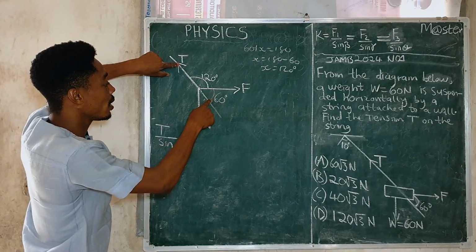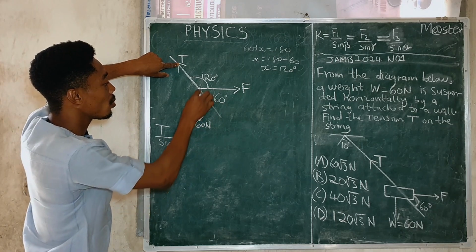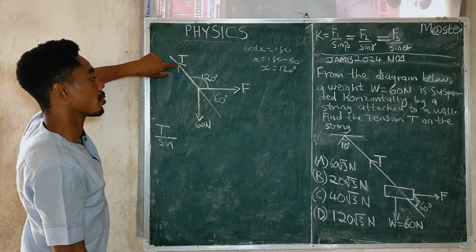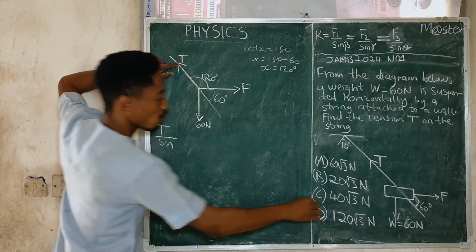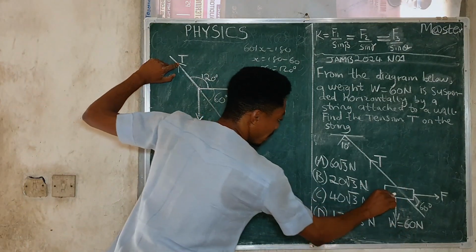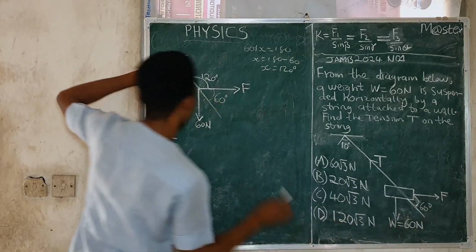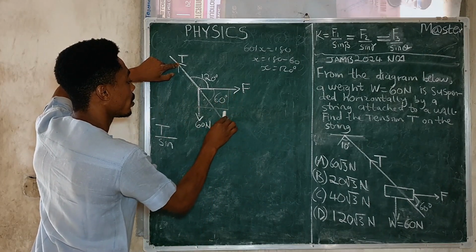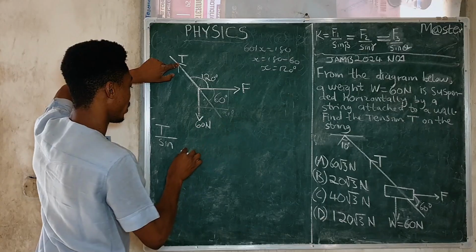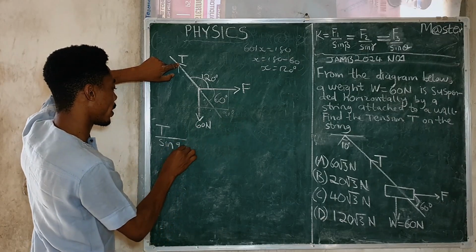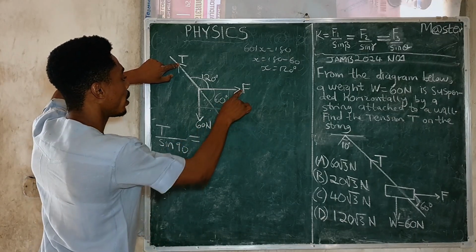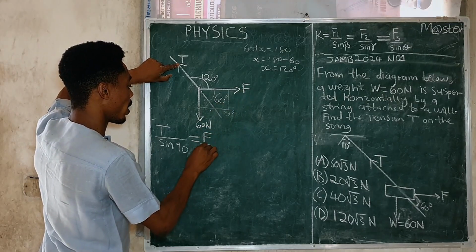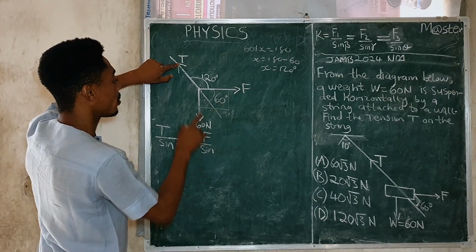So the angle between this and this, if you look critically, this is the right angle. Yes, because this was acting vertically. So I have a right angle there. That's 90 degrees. So T all over sine 90 equals the next force. The next is F all over sine.